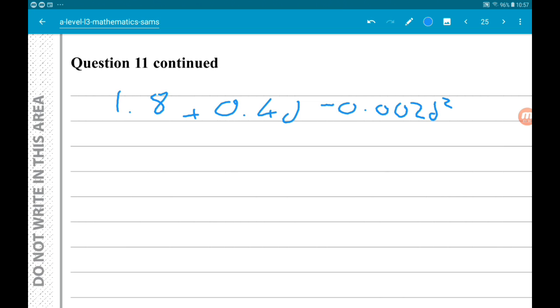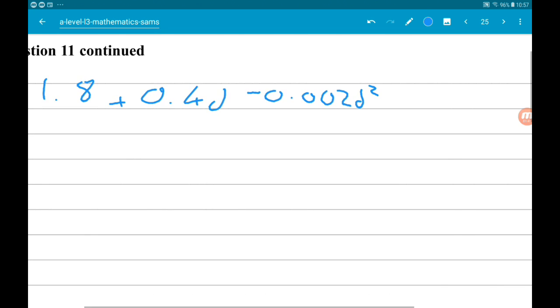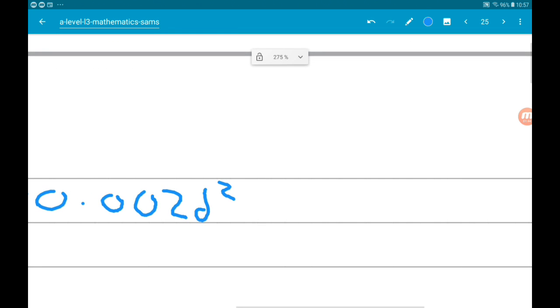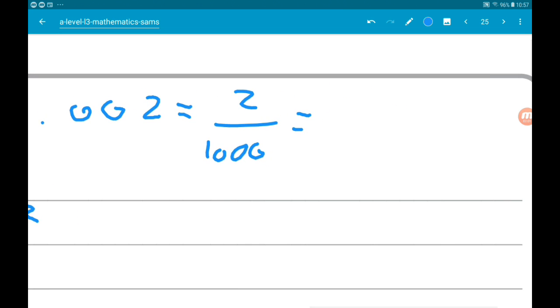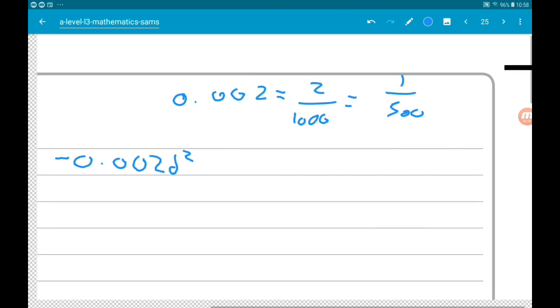So, what we're going to do is factorize out minus 0.002. Now, it might also help if we write that as a fraction. So 0.002 is 2 1,000ths, which is 1/500th. So that should make proceedings a little bit nicer.